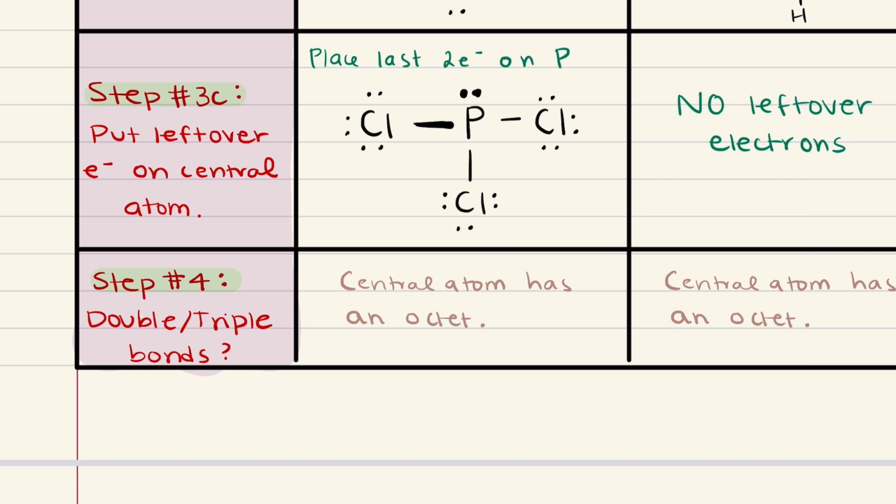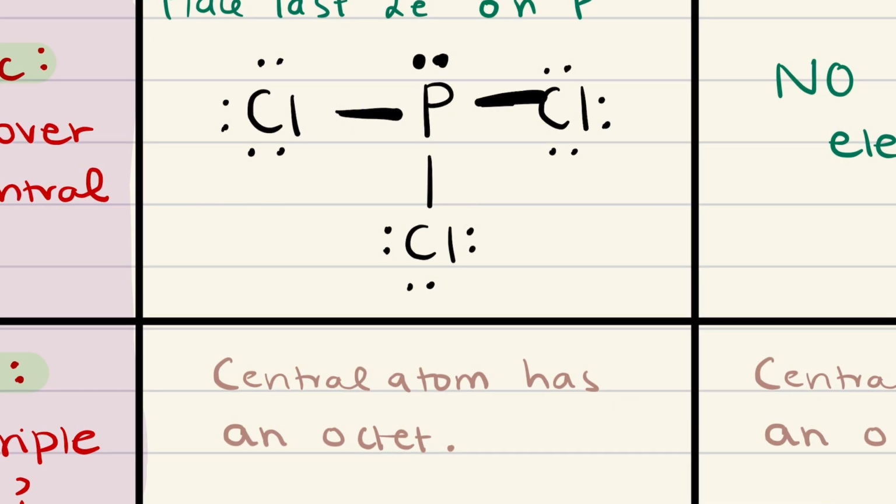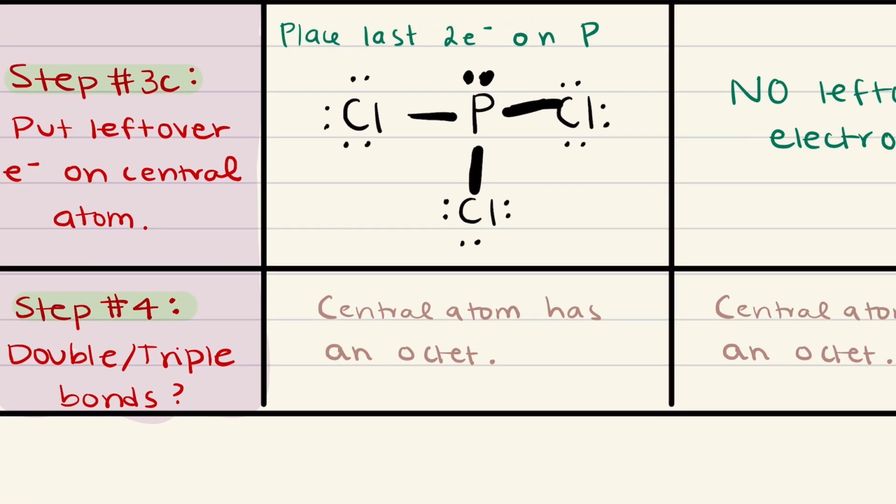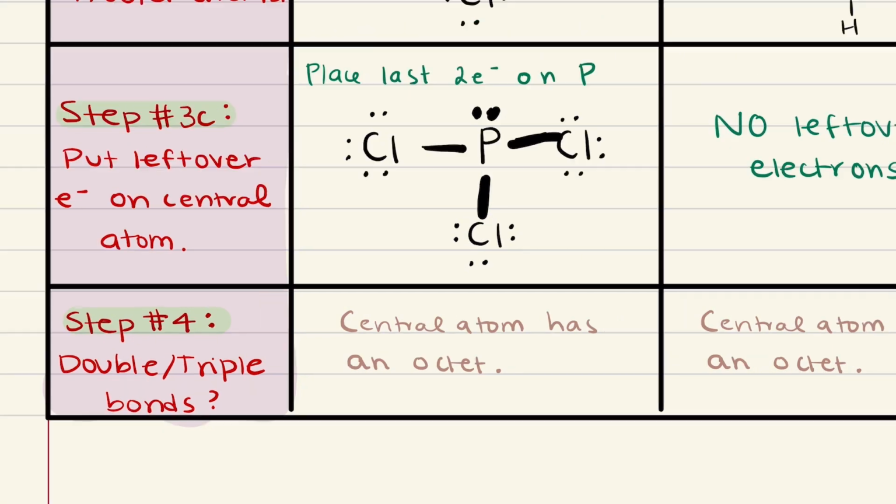Therefore, it has an octet, because 2, 4, 6, 8. And so this Lewis structure is correct. We don't have to form any double or triple bonds to accommodate the octet rule. It is already satisfied the way we drew it after step 3. Wonderful. So that's how we do it for this molecule.